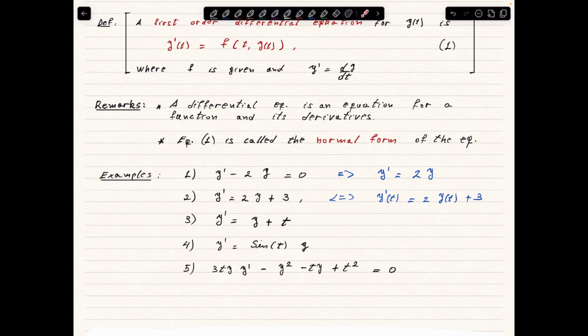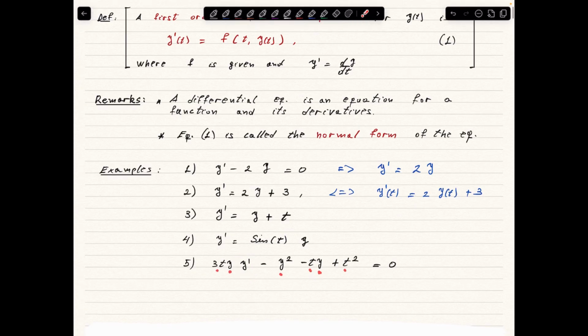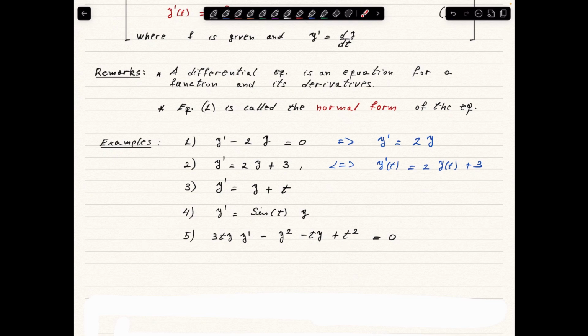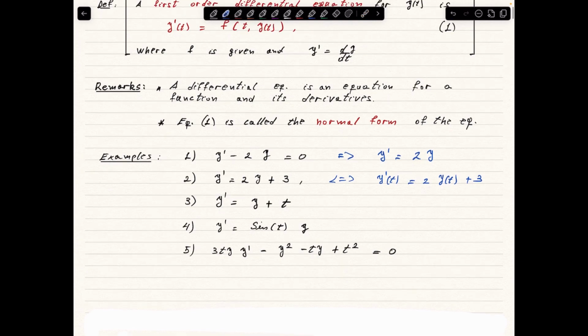A more complicated equation is this one. It is a differential equation because here we have y prime, then we have yt, y squared, yt, and t squared. So this equation is not written in normal form, but it is a differential equation. If we want, we can write it in normal form. It's very simple. The only thing we need to do is move all these terms to the other side. And then after we do that, we need to divide the whole equation by this factor. If we do that, we are going to get y prime on one side.